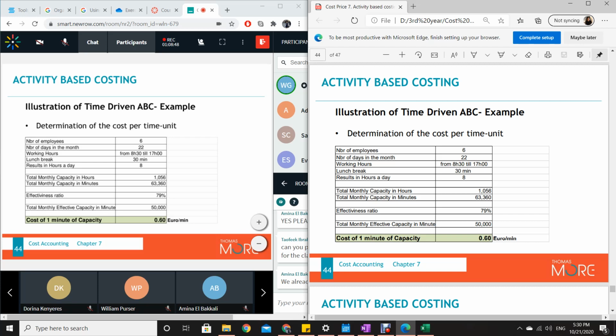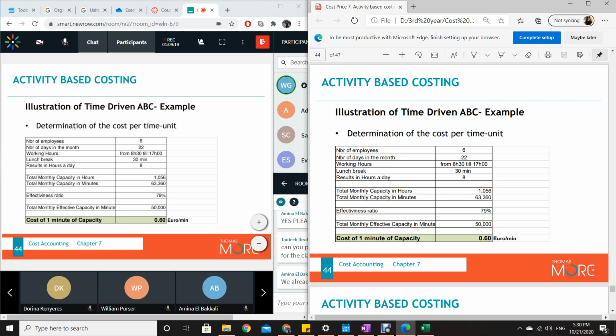Then most of the time they apply an effectiveness ratio, because of course these people don't work effectively on a job the full day. They have a toilet break, maybe a coffee break, they chat a little bit with colleagues, they make a call or whatever, which has nothing to do with the job. So we set it here at 79% just for the sake of the exercise.